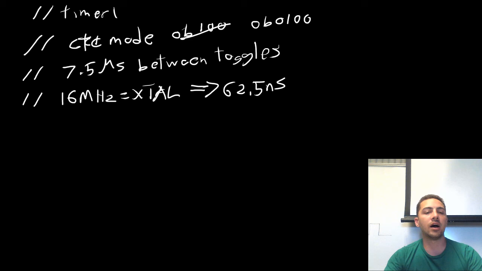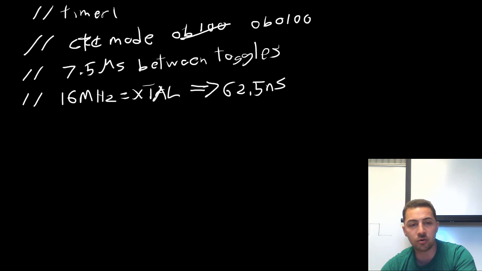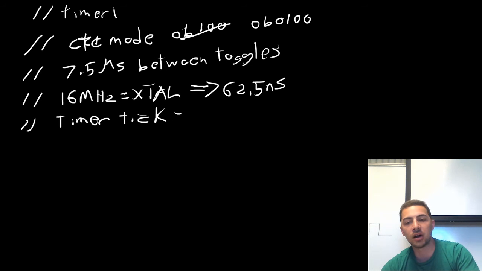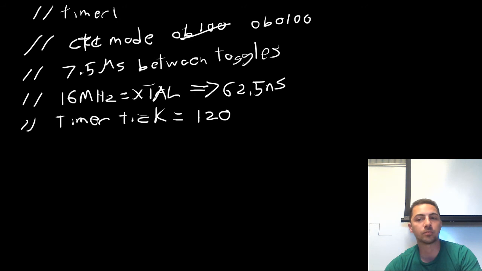So to get our number of ticks, I'm going to take 7.5 microseconds, -6, and divide it by 62.5 nanoseconds, -9. Timer ticks are equal to exactly 120. Okay.